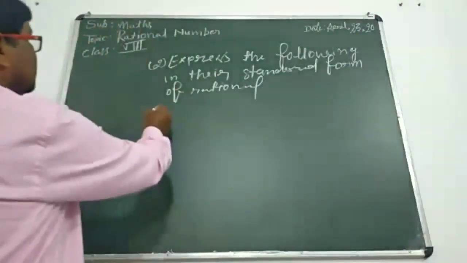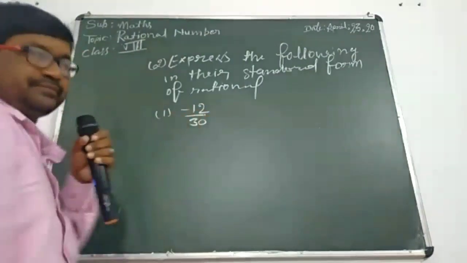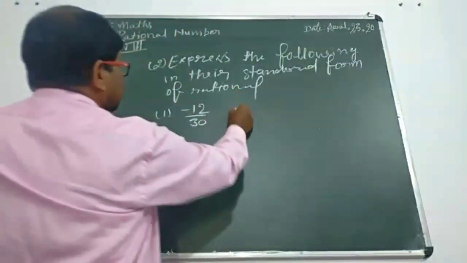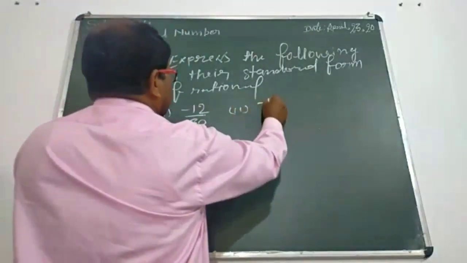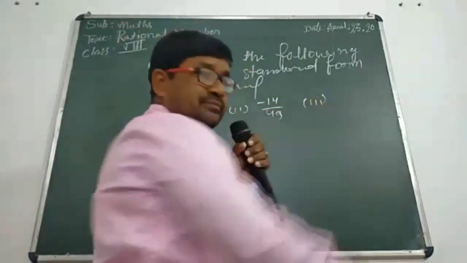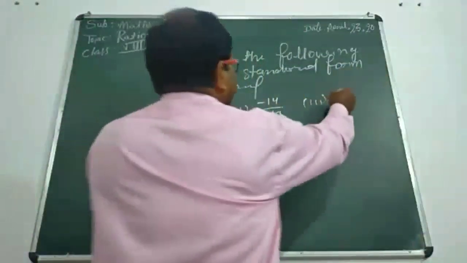Questions are: minus 12 upon 30, minus 14 upon 49, and the third one, minus 36 upon minus 63.